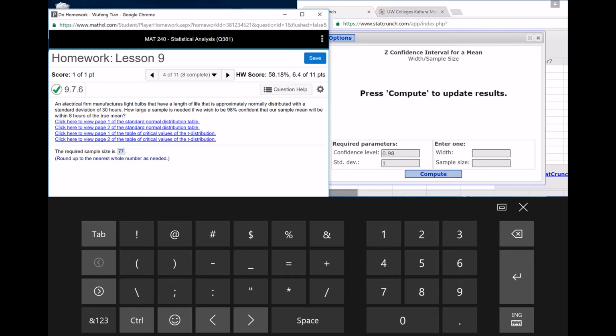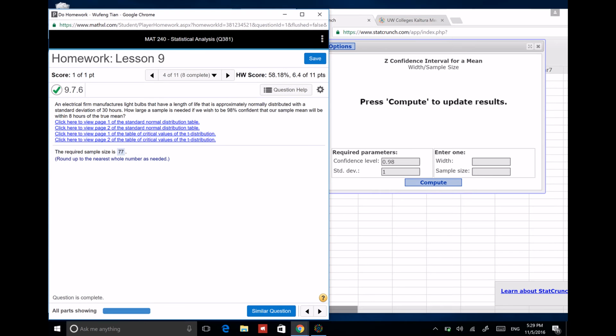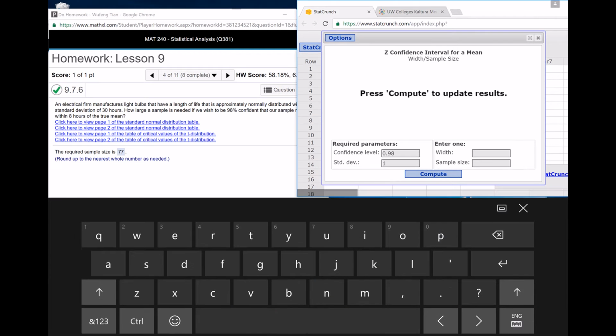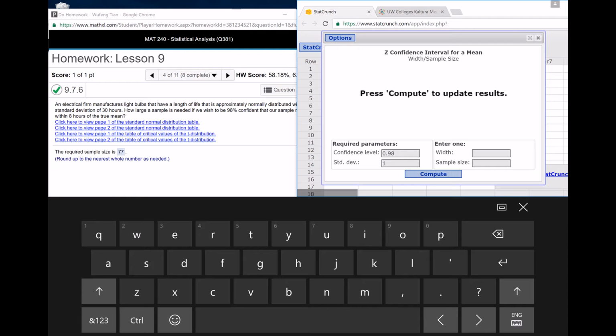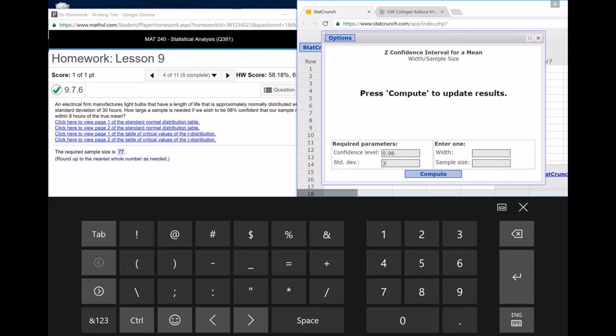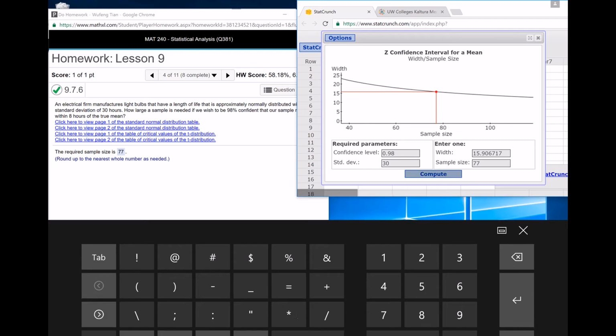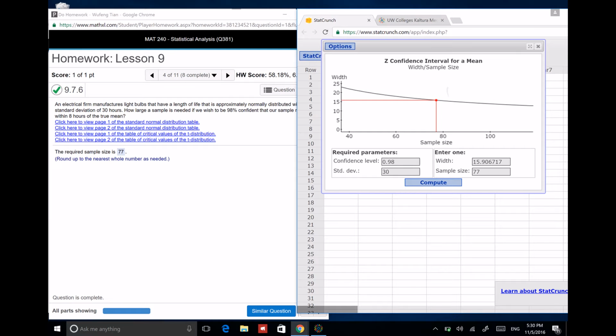It says 98% and the standard deviation is 30. So how large a sample so that within 8 hours of the true mean, plus 8 minus 8 is actually a width of 16. And you got that, so the sample size is 77.